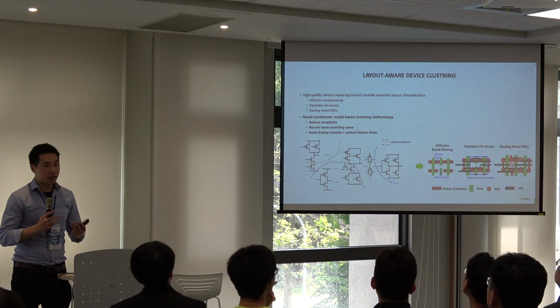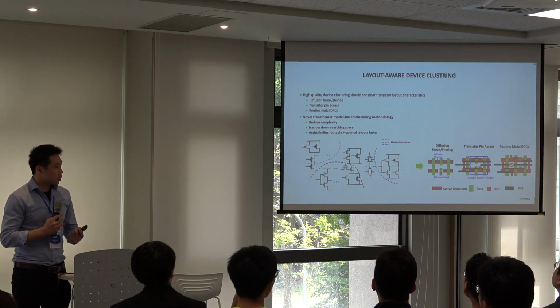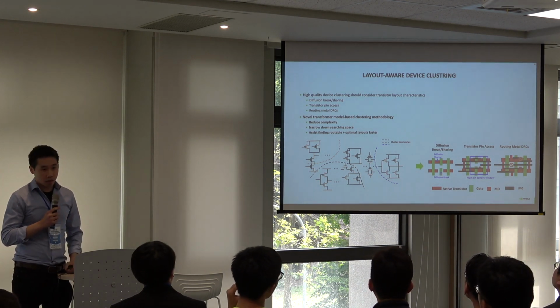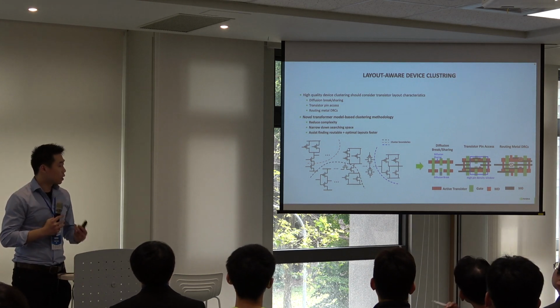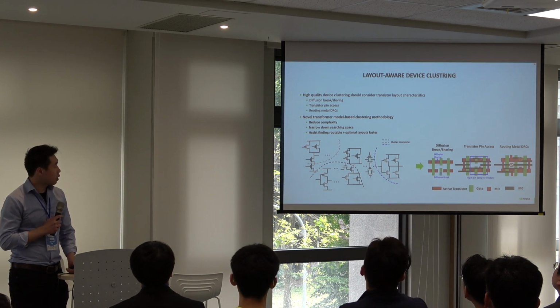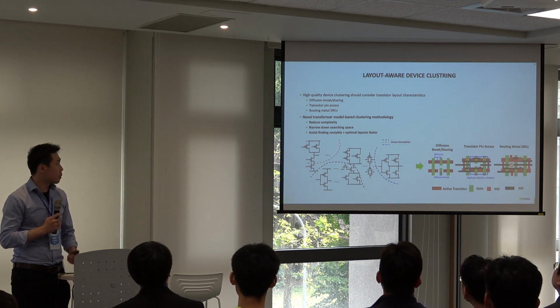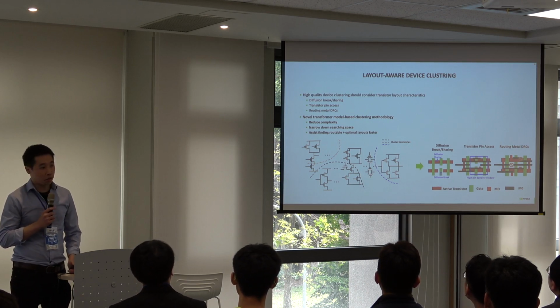So it's not only at the netlist logic level. With this approach, we can reduce the complexity and narrow down the circuit space and assist in finding reliable and optimal cell layouts. So here we propose using a transformer model to generate high quality clustering results.